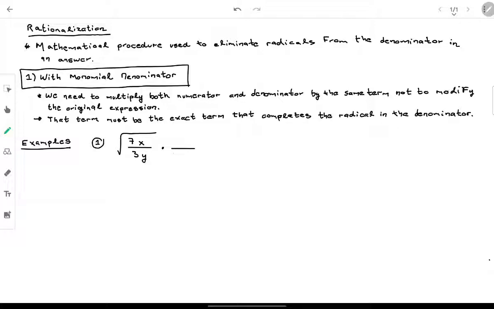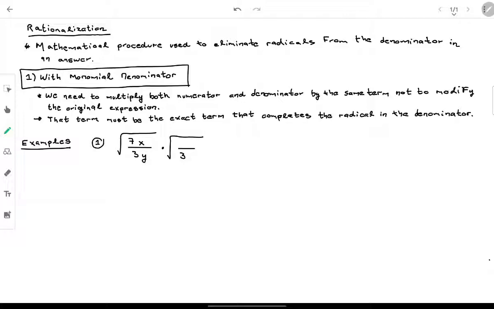Of course, in order to get it outside the root, we will need another 3. Why another 3? Because 3 times 3 is 3 squared, and that 3 squared can get outside the radical.